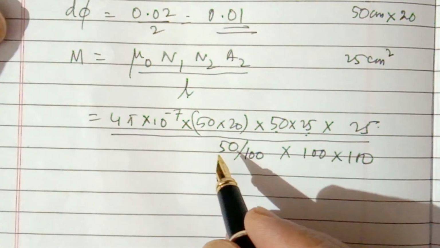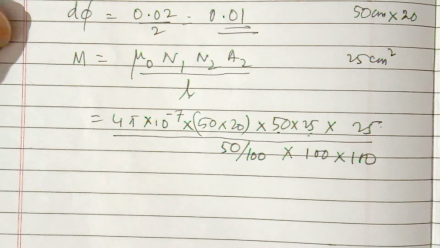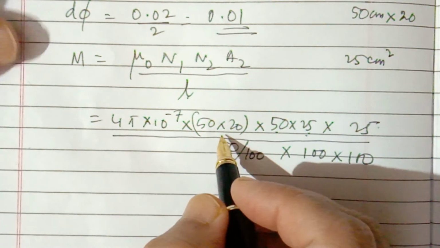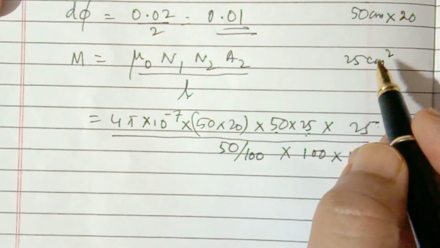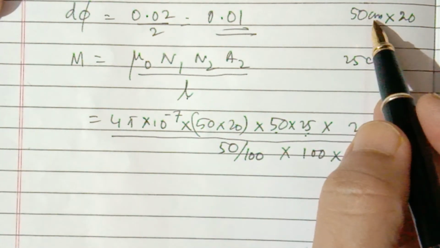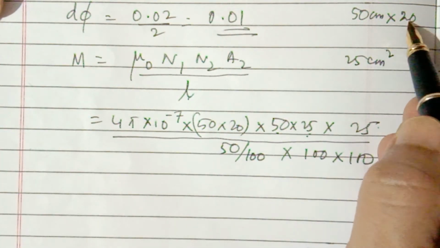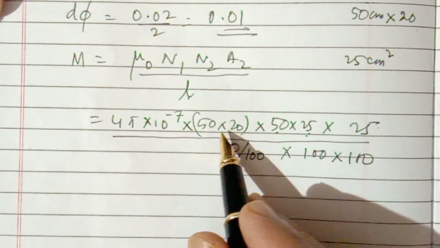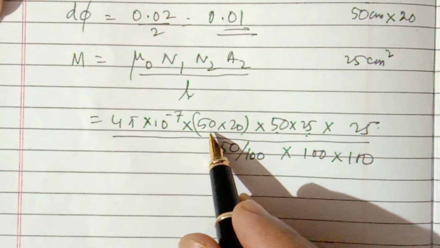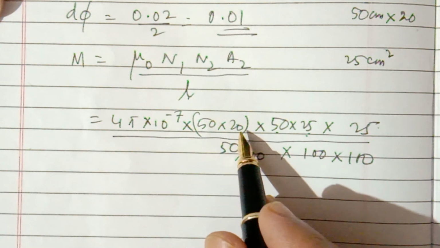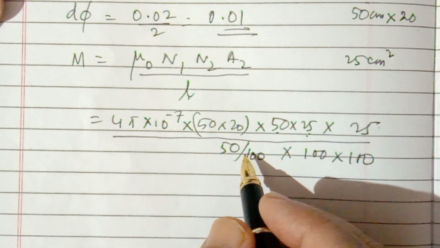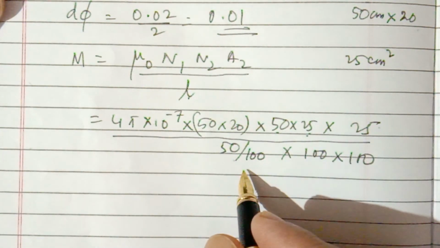Here the length is 50 centimeters, which I have taken in meter. I have not changed the unit in the turns because we just need the total number of turns. 50 centimeter with 20 turns per centimeter, the centimeter cancels, so no need to change it to meter. But the length should be taken in meter because you need the actual length.